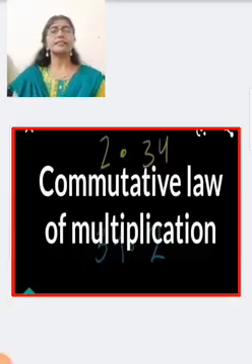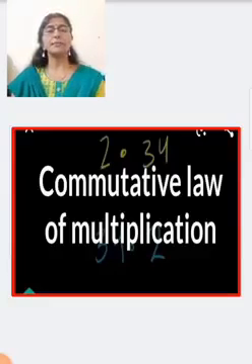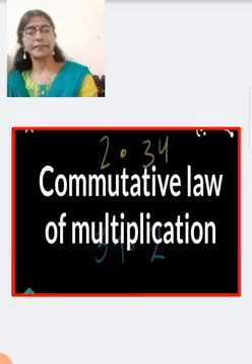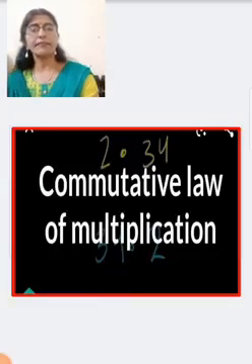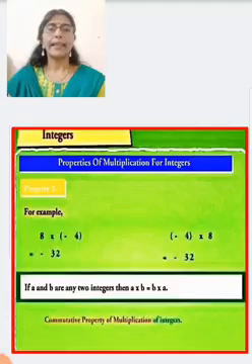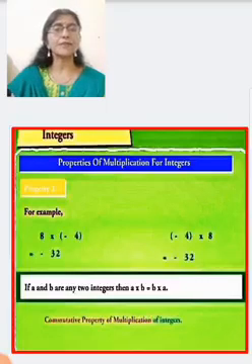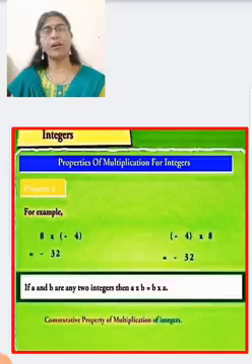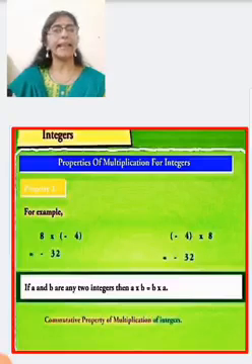Now we will go to the next law, that is commutative law of multiplication. Let us see one example. 8 multiplied by minus 4 can also be written as minus 4 multiplied by 8. We can write 8 in the beginning, or we can write 8 at the end also.